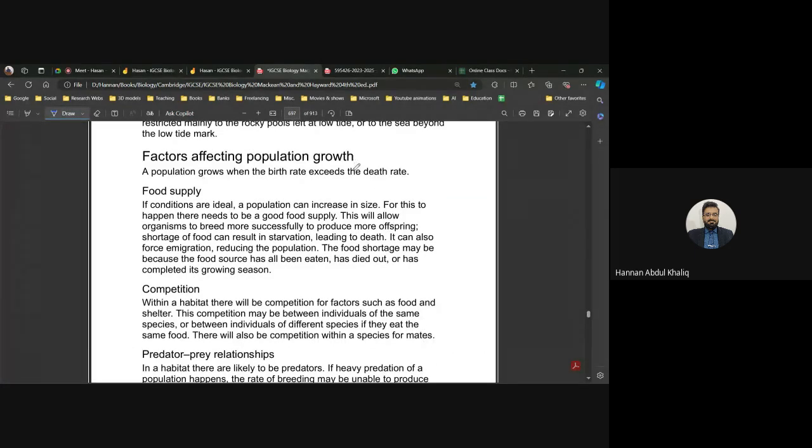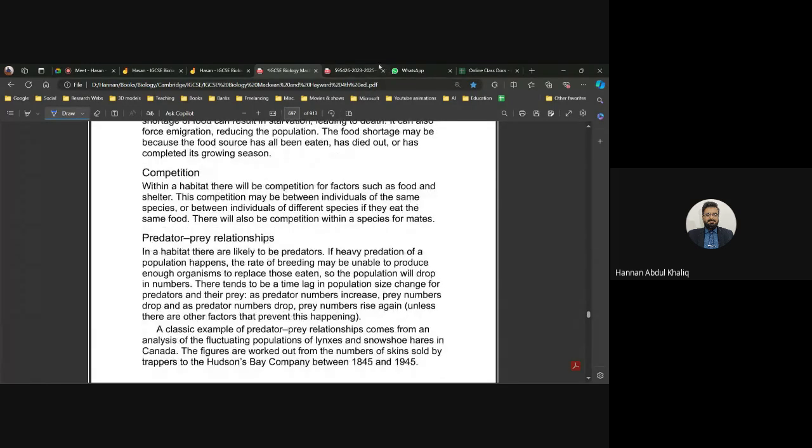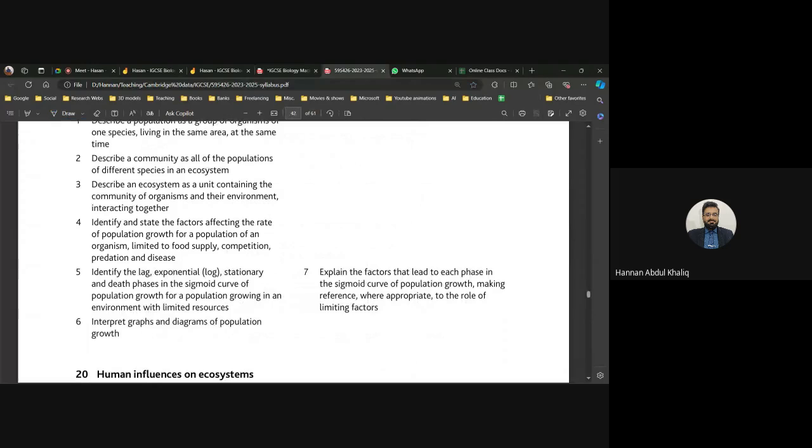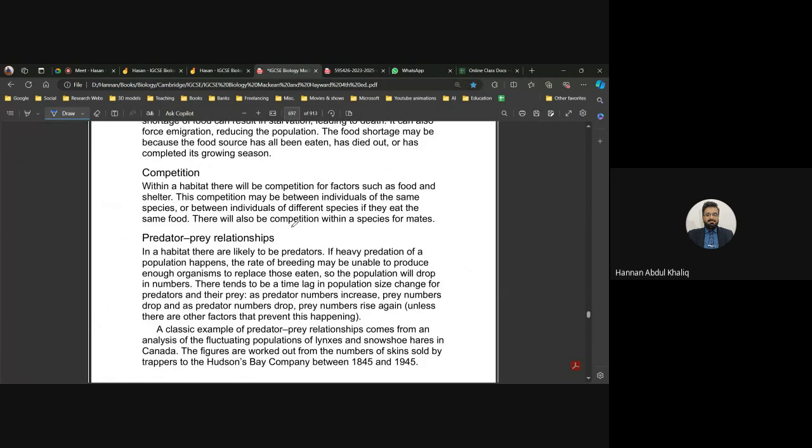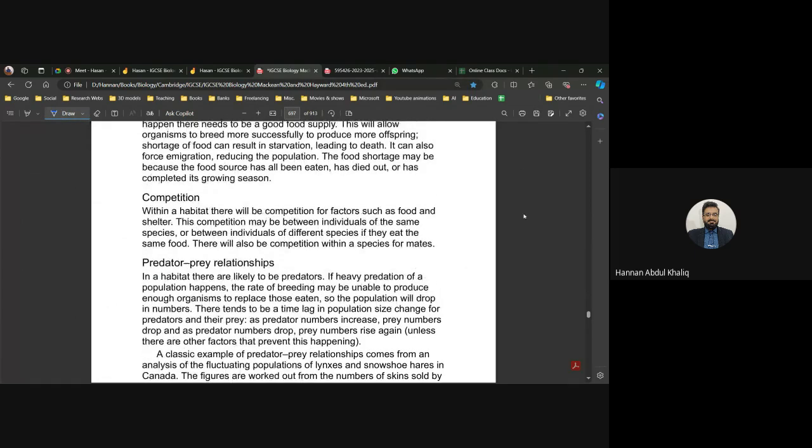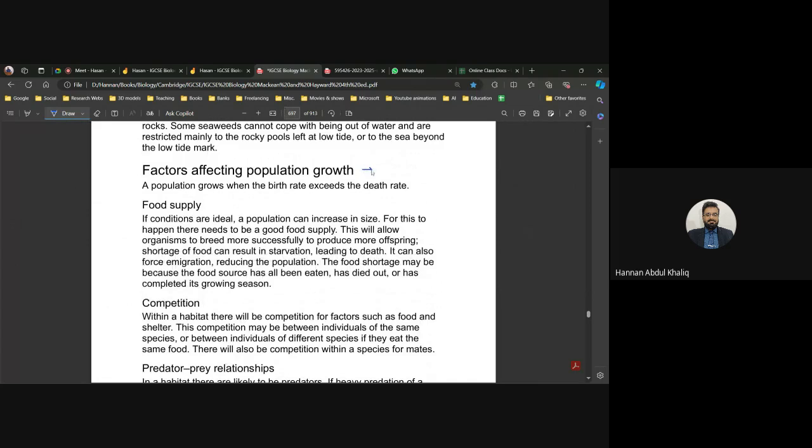Okay, factors affecting population growth. If you refer here, these are limited food supply, competition, predation, and disease. When we discuss these factors, you can say that they define the diversity, health, and survival of a population.